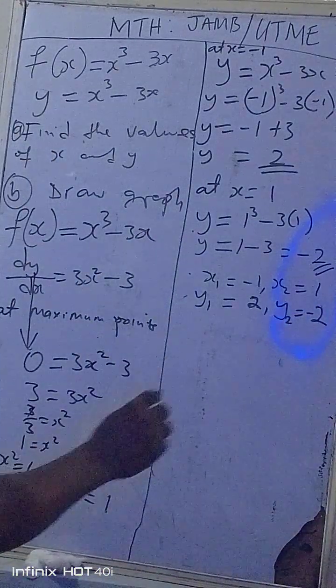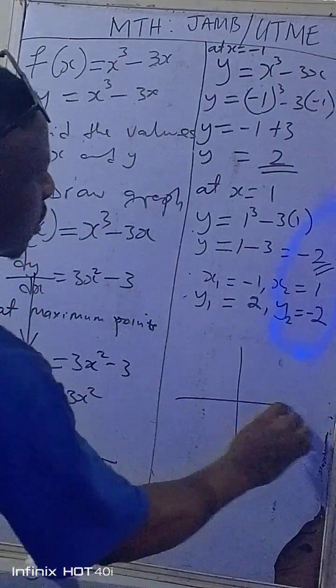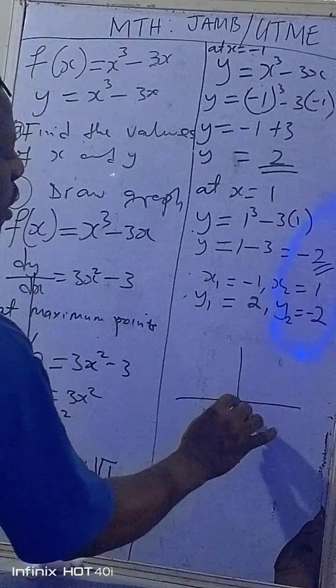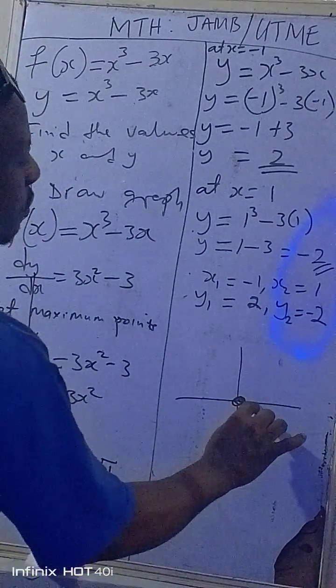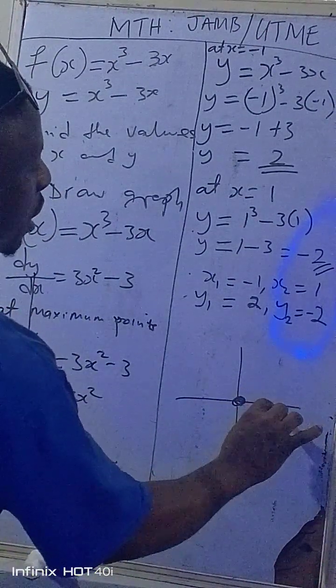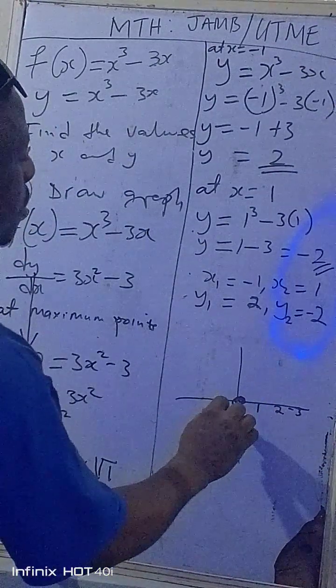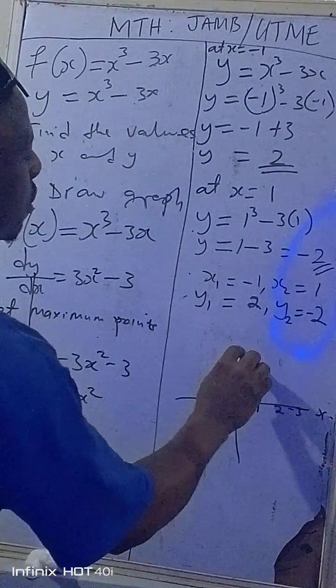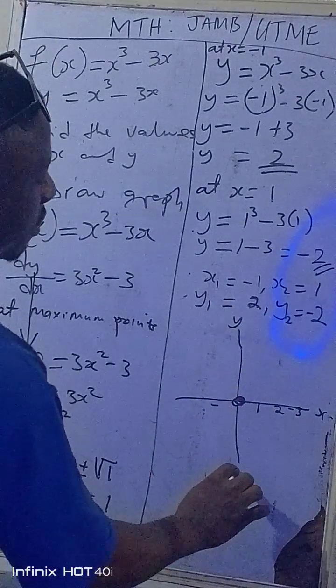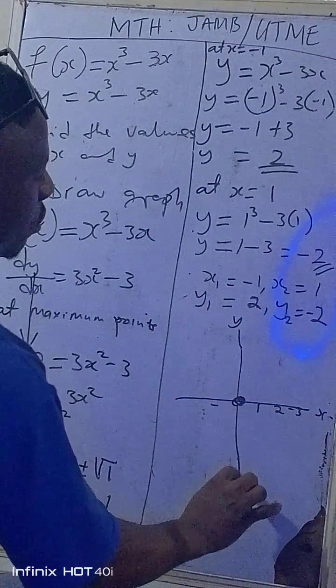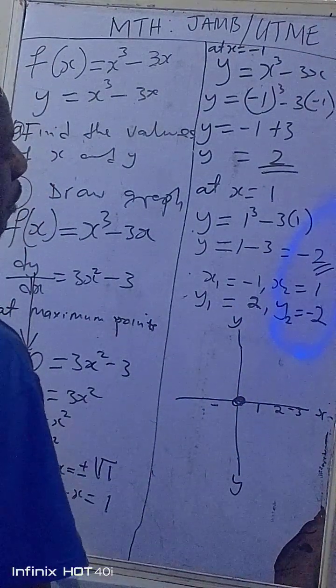So we can use that to plot the graph quickly. For example, here is always 0. This is the zero point, isn't it? This is the positive side 1, 2, 3, and so on and so forth. So here will be minus of x. This is a positive of y. This is a negative of y. Okay? Did you get that now?